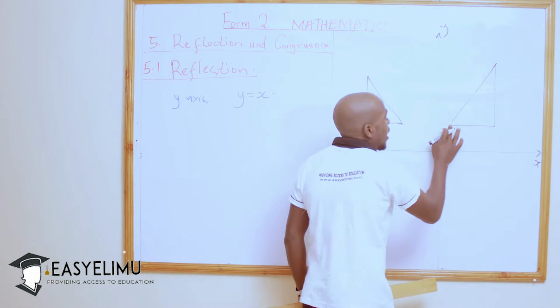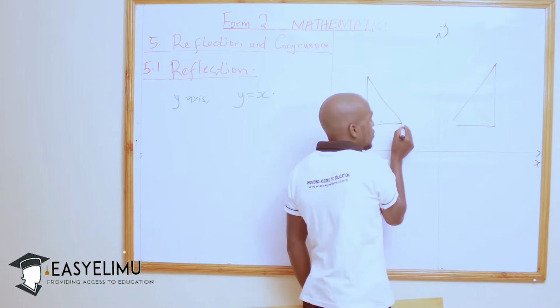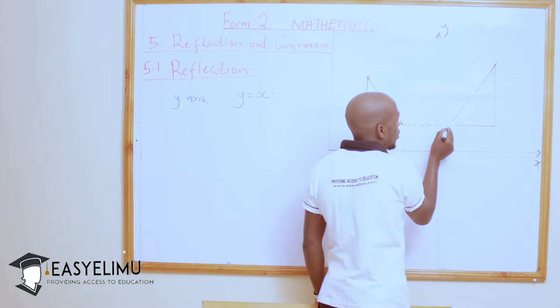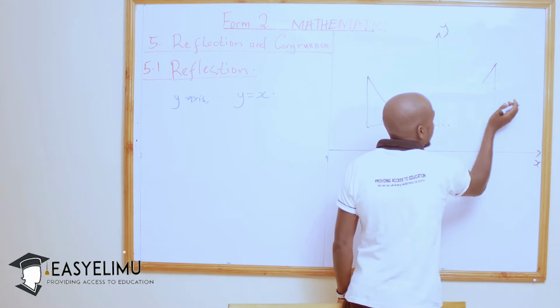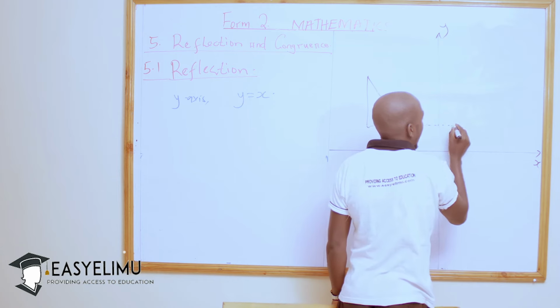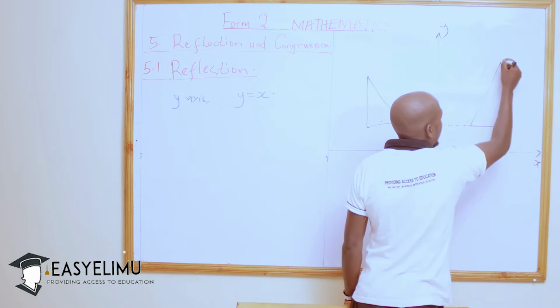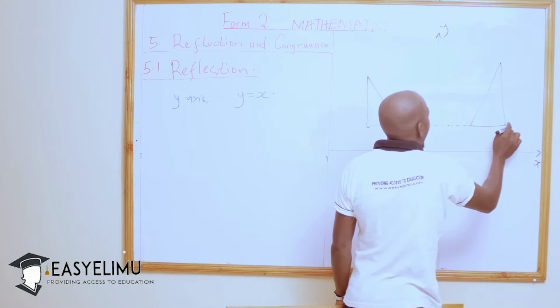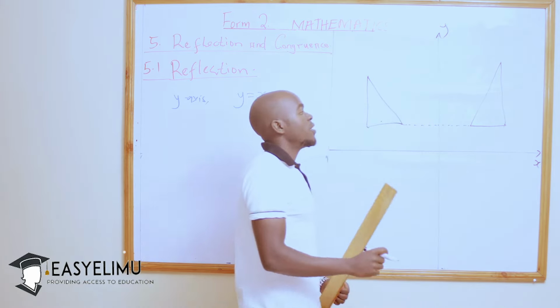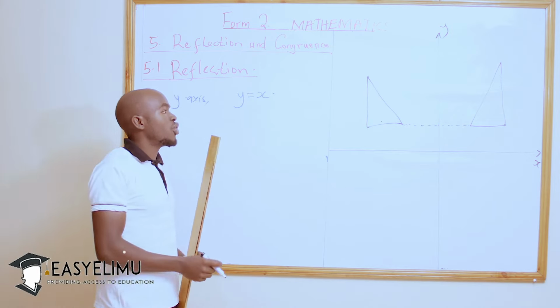And remember, the distance from this point to the other point formed at the other end will be the same. Also the shape of the image formed and that of the object will be the same, and also the size.